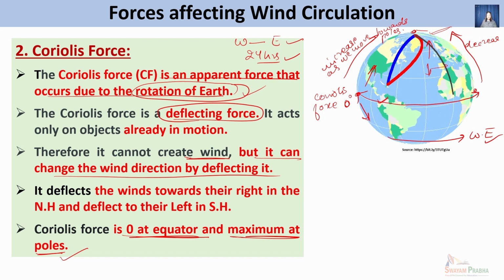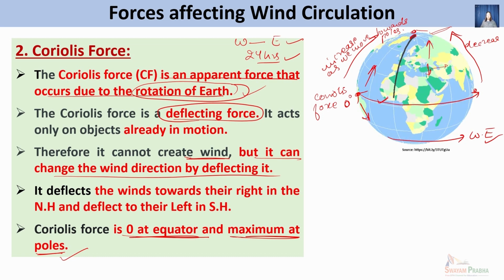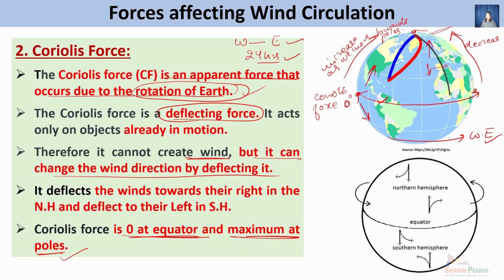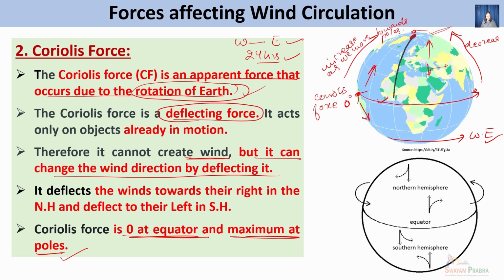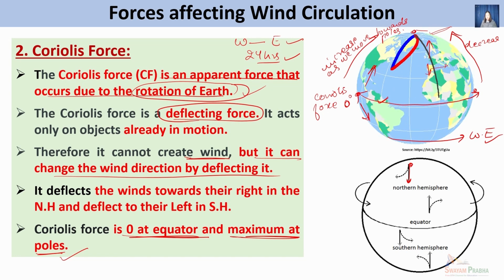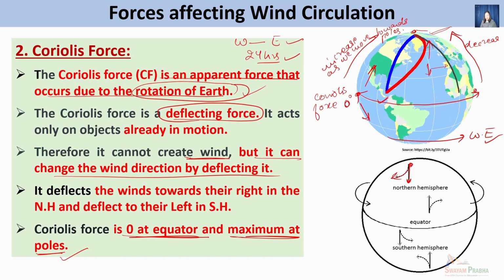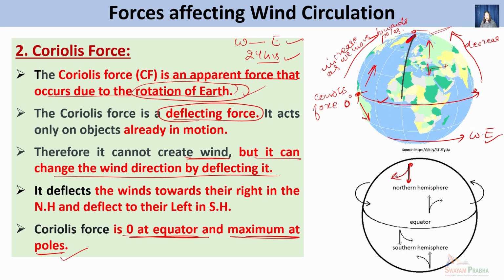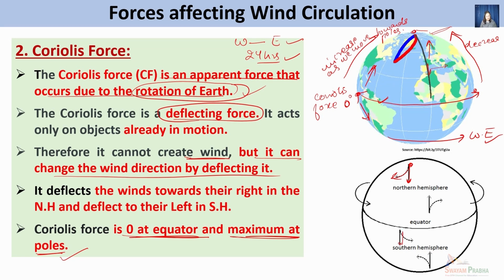So, based on the deflective forces, Ferrel has said that if one stands with one's back towards the direction from where the wind is coming, then the winds tend to deflect towards their right in the northern hemisphere and to the left in the southern hemisphere.